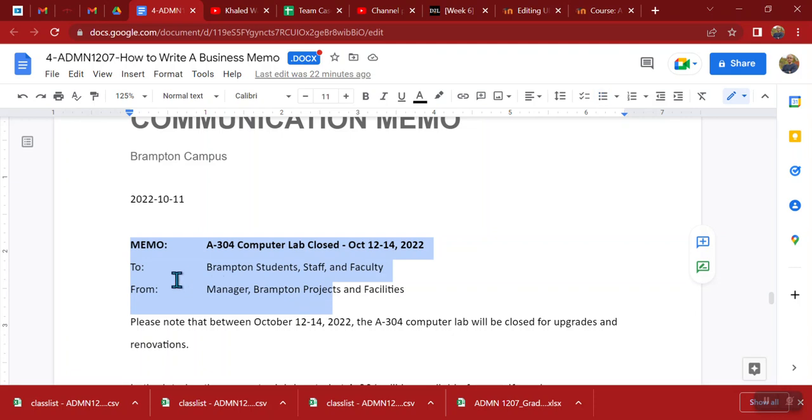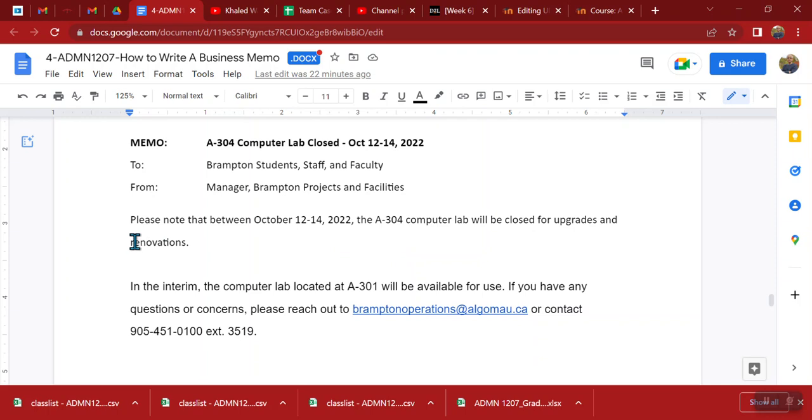So you can easily see the same thing: the to, the from, the date, and the memo subject in this case. Then they go ahead, very clearly and very effectively. Please note that between 12 and 14, so today is 12 anyway, the A304 computer lab will be closed. So it's very clear, without any introduction.